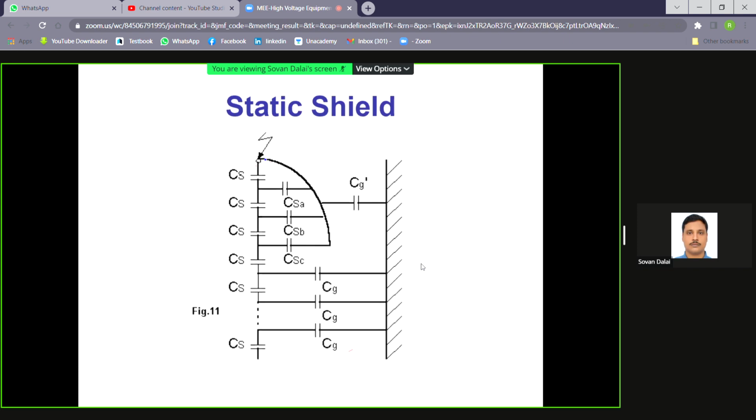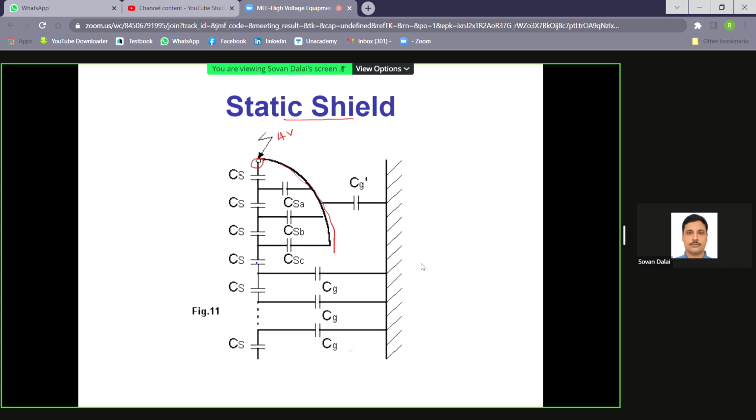It will be physically extended up to a few disks from the top of the winding. Is it clear to all of you what a static shield is? It is a metal wire or copper sheet connected at the top of the winding, electrically connected to the high voltage, and physically extended to a few disks. Those disks are subjected to maximum voltage.